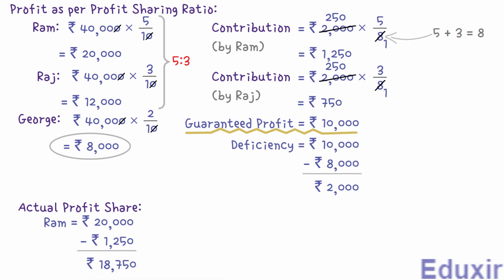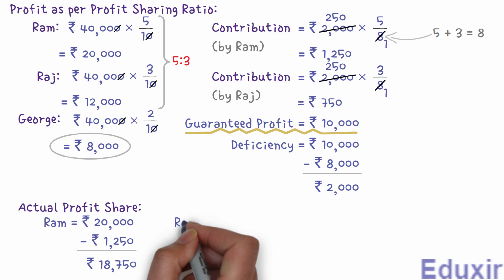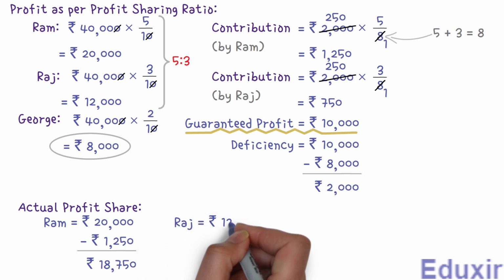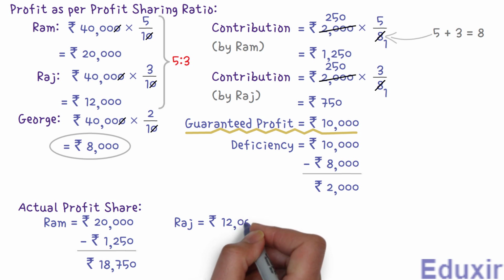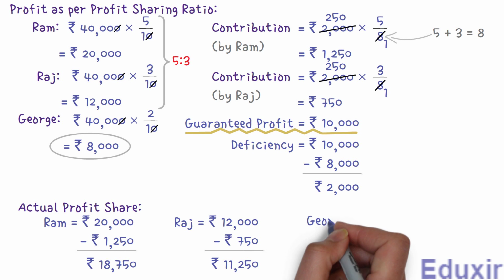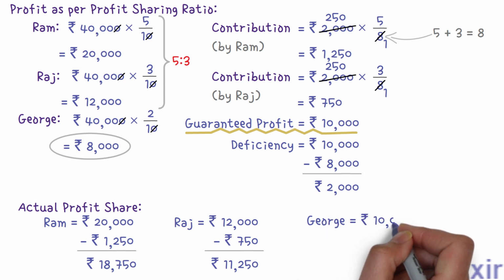Now, the actual profit share of the partner Raj is equal to his share of profit as per the profit sharing ratio, which is 12,000 rupees, minus his contribution to the partner George's profit share, which is equal to 750. Subtracting, we get 11,250 rupees. And finally, the share of profit of the partner George will be equal to his guaranteed profit amount of 10,000 rupees.